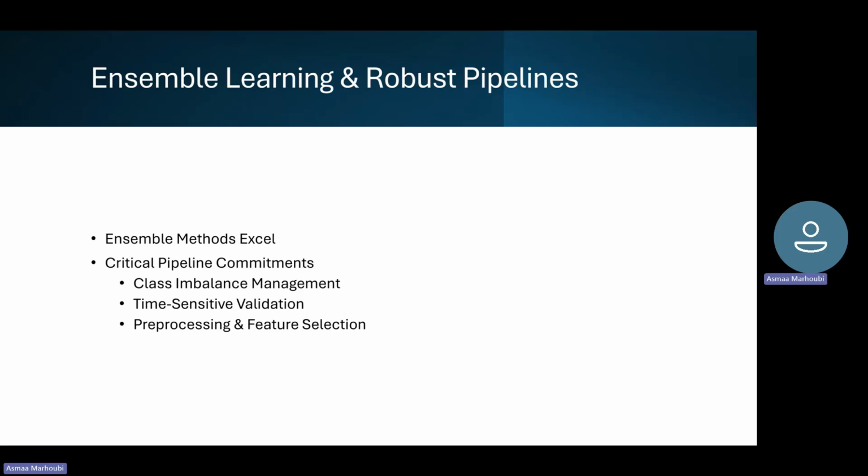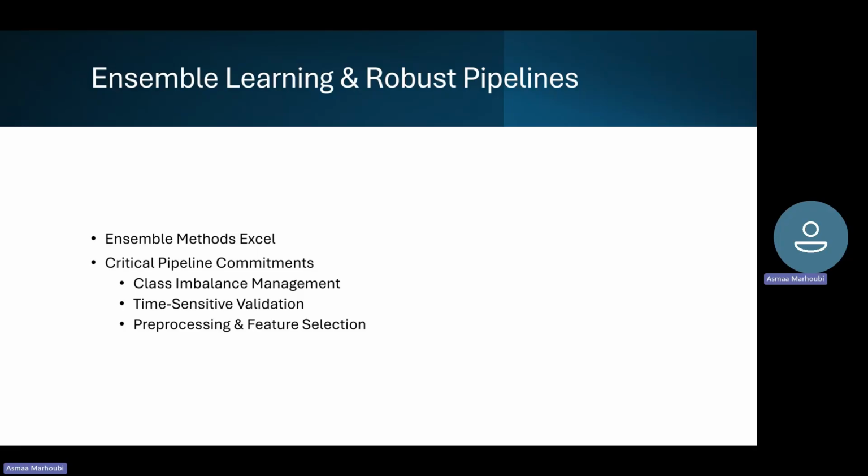There are certain pipeline commitments which need to be considered. One is class imbalance management, treating imbalance as a first-class design constraint, for example SMOTE applied within training folds. Then time-sensitive validation, using appropriate metrics, for instance precision, recall, overall accuracy, and validation strategies.